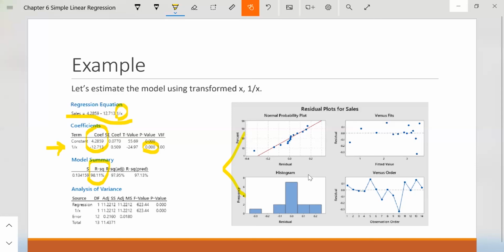And the answer is yes to me, because if you look at the normal probability plot, except for this observation right there, the rest of them are pretty much very close to the red line, which means the assumption of normality is not violated. In addition, the histogram also shows a rough bell-shaped curve. And therefore, I don't see anything suspicious.